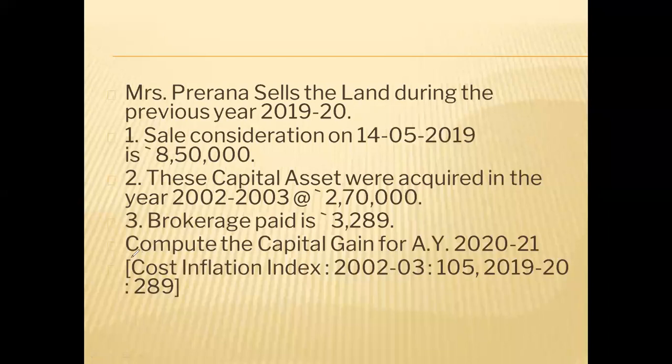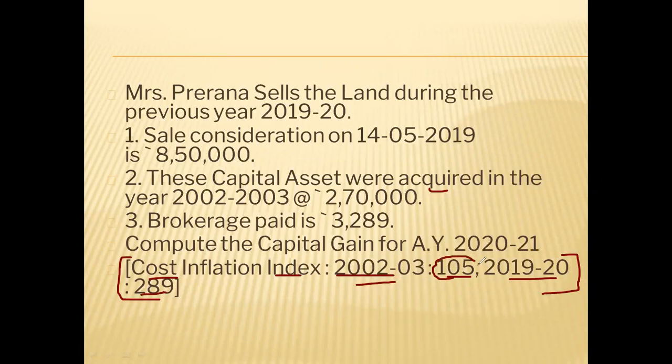Now, if you see here in the note, one statement is: cost inflation index 2002-3 is 105, 1920 is 289. Just now we discussed, now we will increase the cost by using cost inflation index. What is cost inflation index? Understand, an item which you could purchase in 2002-3 for 105 rupees, that same item is costing 289 in 1920.